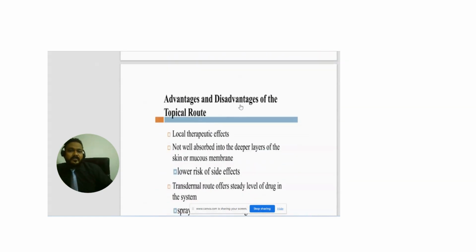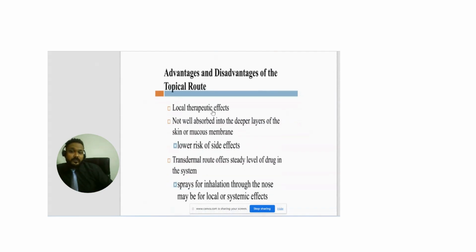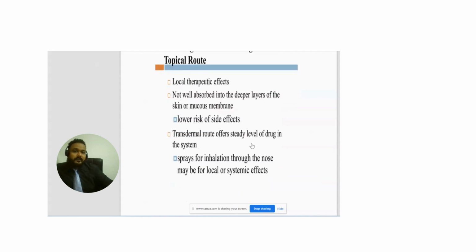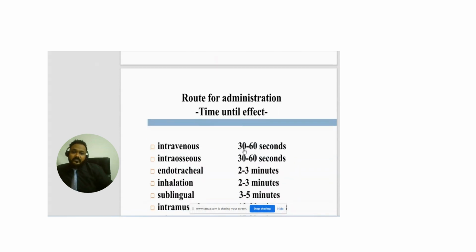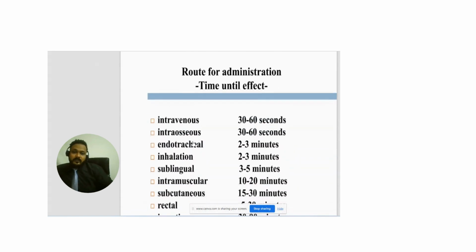Now, what are the advantages and disadvantages of the topical route? The topical route gives a local therapeutic effect, is not well absorbed into the deeper layers of the skin and mucous membrane, and has a lower risk of side effects. Transdermal route offers a steady level of drug in the system. Spray for inhalation through the nose may have local and systemic action. Route of administration, time. The fastest action comes under the intravenous route, 30 to 60 seconds.